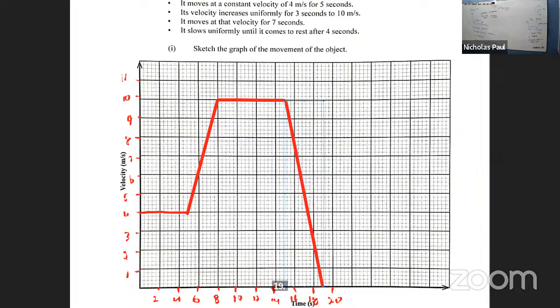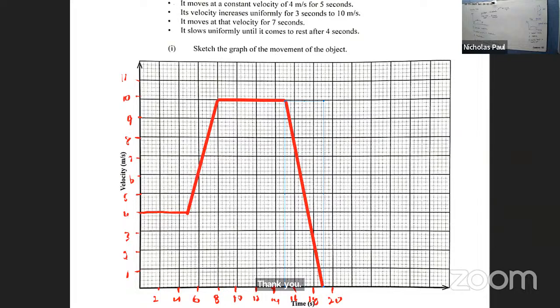The graph looks like that. Online, did you see the graph went all the way down? Check your graph and fix it.